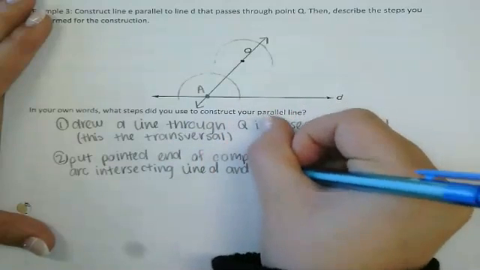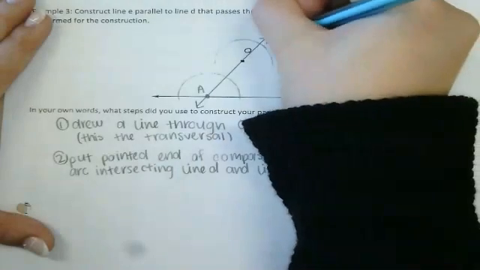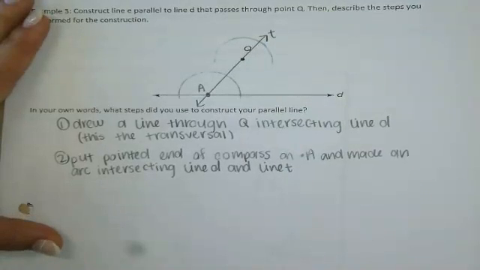We'll just call that line T. So we're going to call this one, since it's our transversal, we'll call it line T.